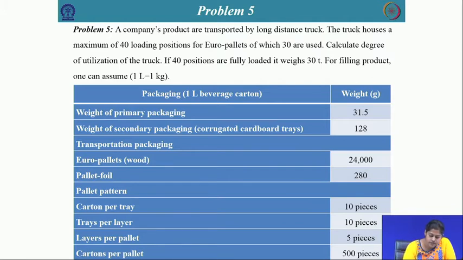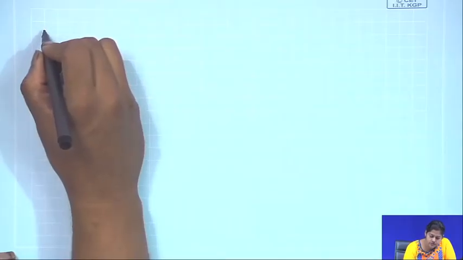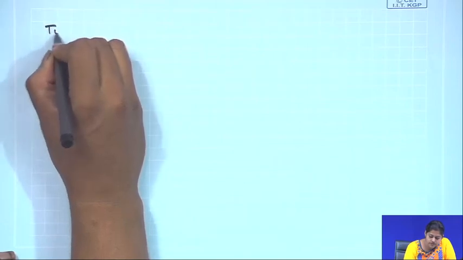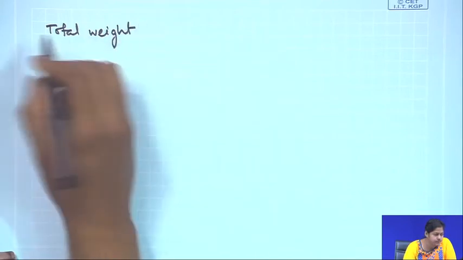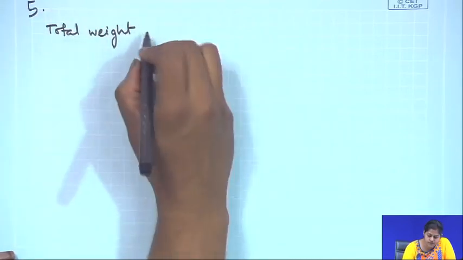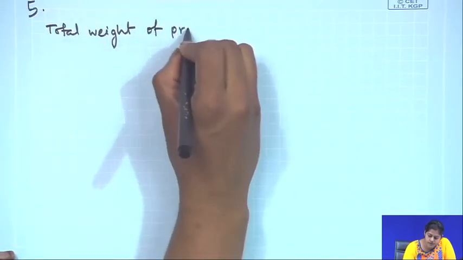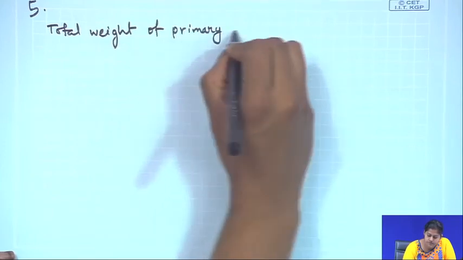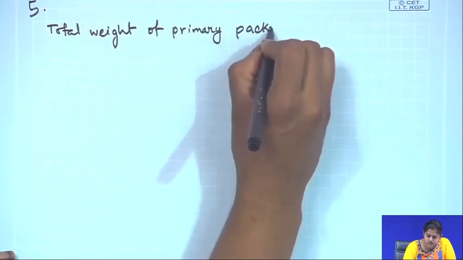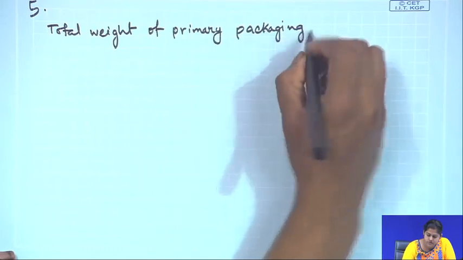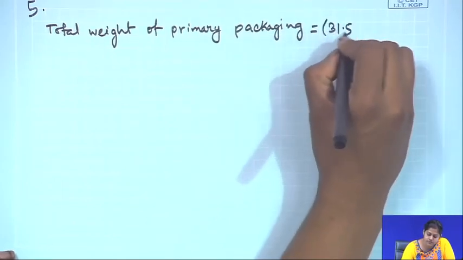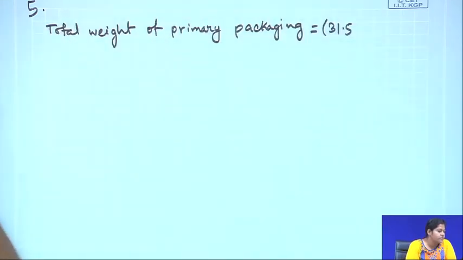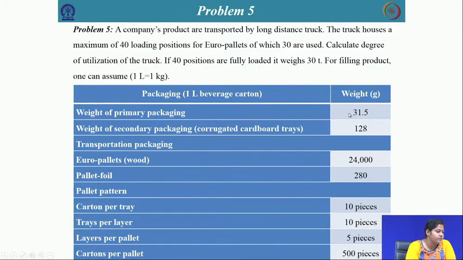First, we need to calculate the weight coming from the primary packaging. The total weight of primary packaging is 31.5 gram, which is given here. Weight of primary packaging is 31.5 gram.